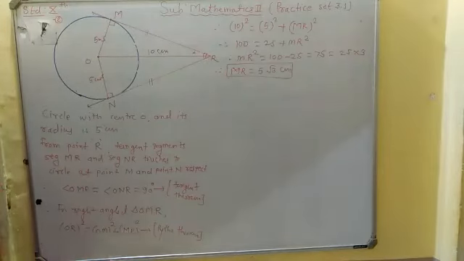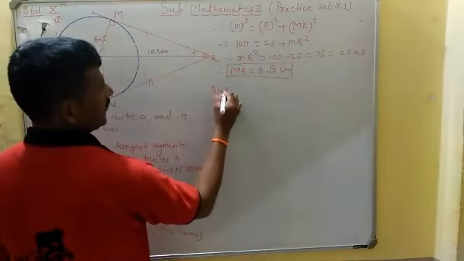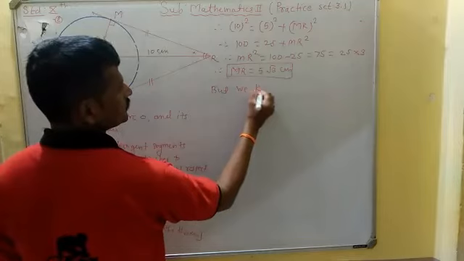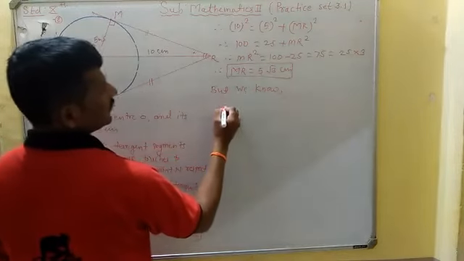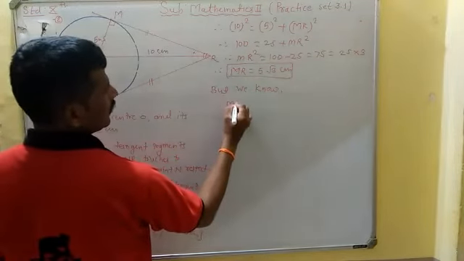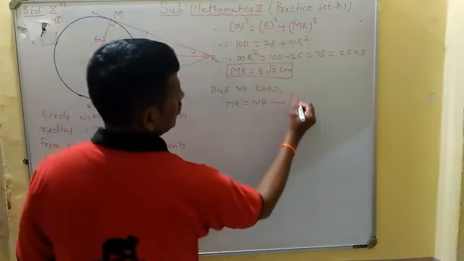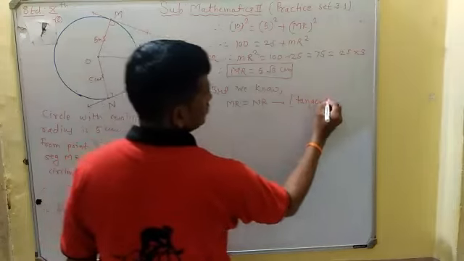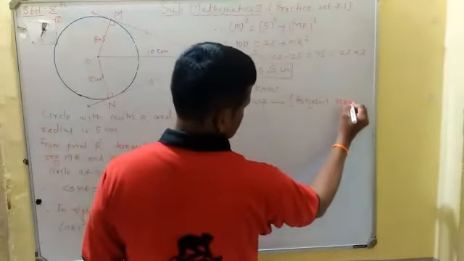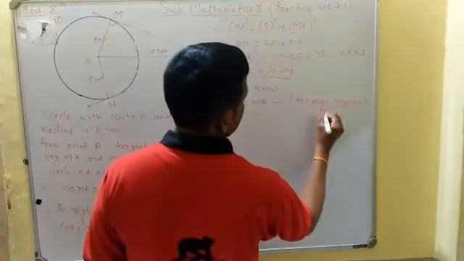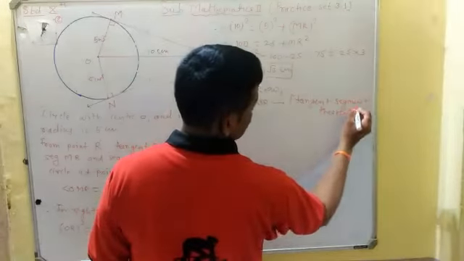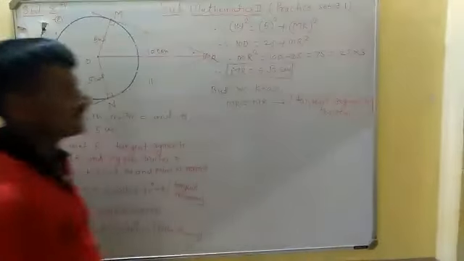Okay, but we know that MR is equal to NR. Why? Because of the tangent segments theorem.